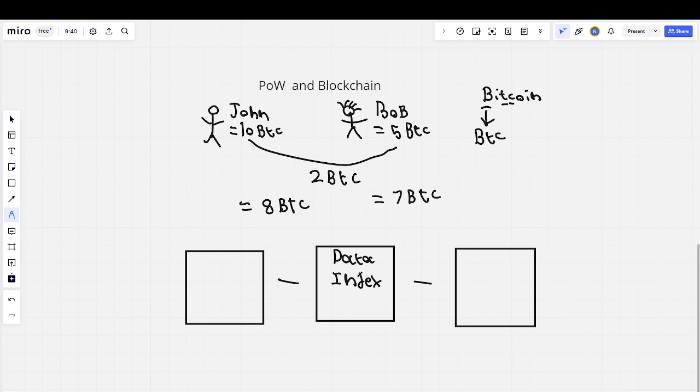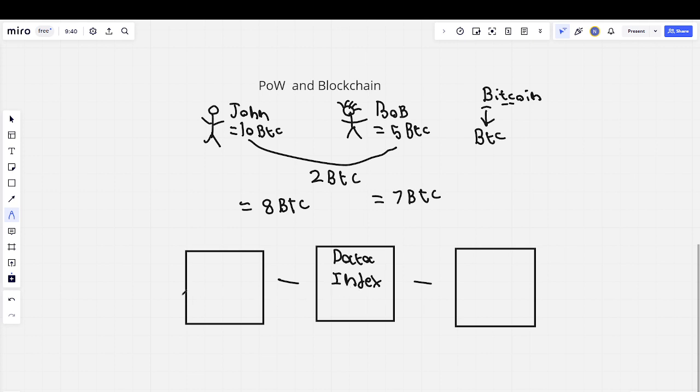With this new time aspect, you're capable of just reading through it fluently and understanding it very well. So, inside of this, you'll include a timestamp, which is pretty much when this transaction of 2 Bitcoin was first made. Perfect. That's a simplified version of the data aspect, and we're going to be going into the index now.